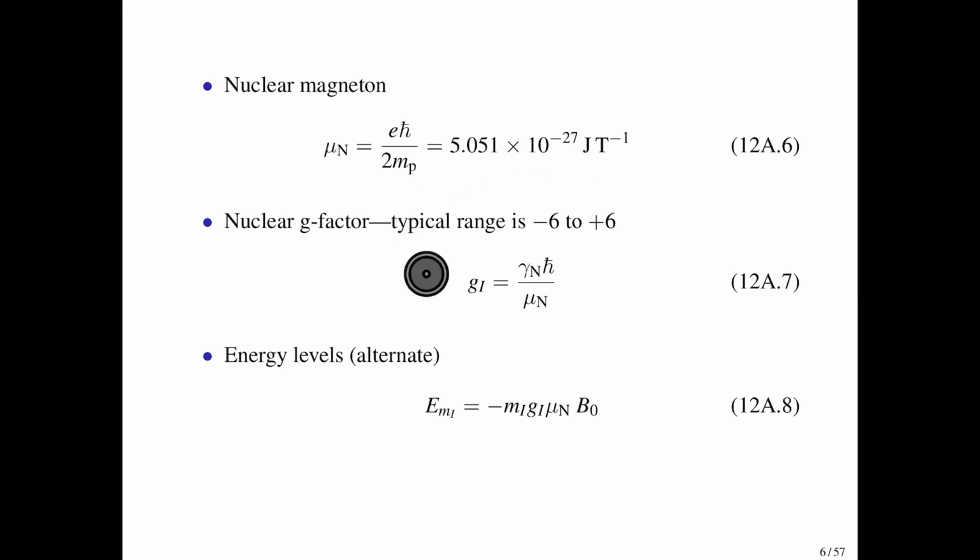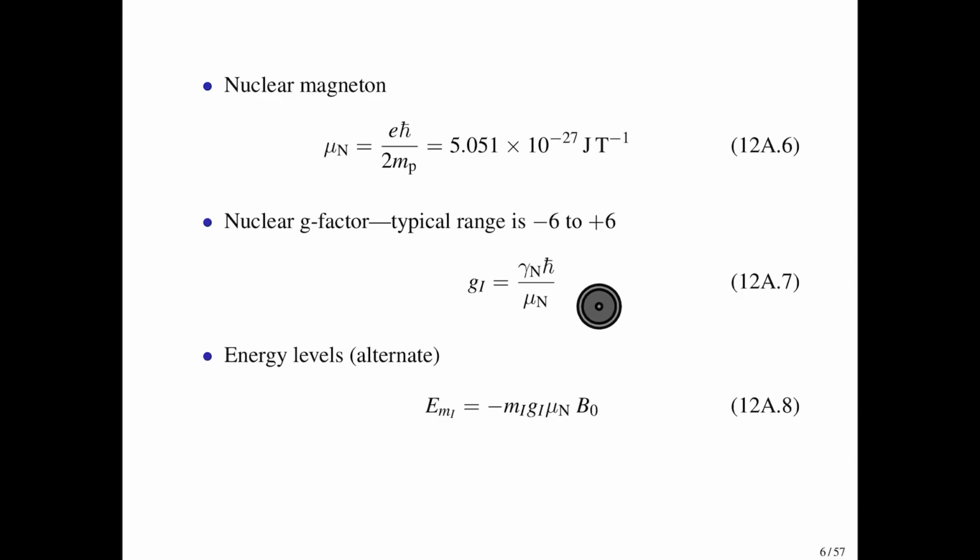We introduce another parameter here. This is not the degeneracy. This is called the nuclear G factor. Each nucleus will have its own nuclear G factor. It depends on the magnetogyric ratio of that nucleus times h bar divided by the nuclear magneton.